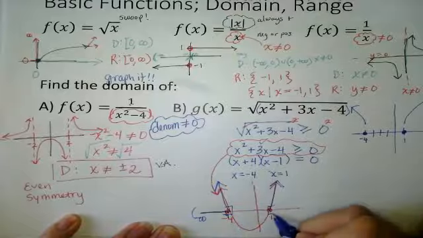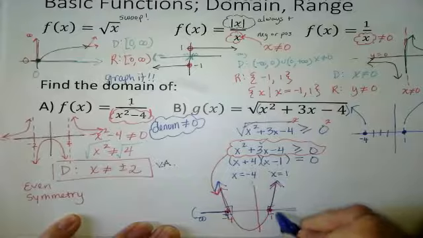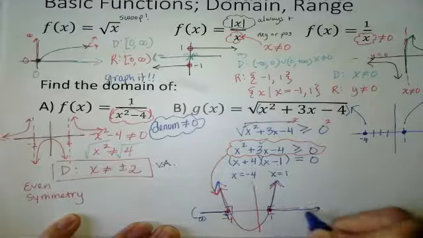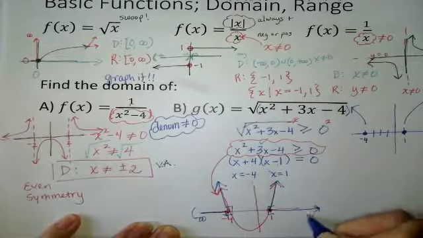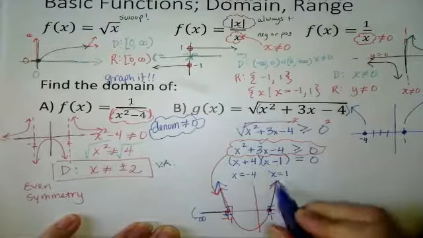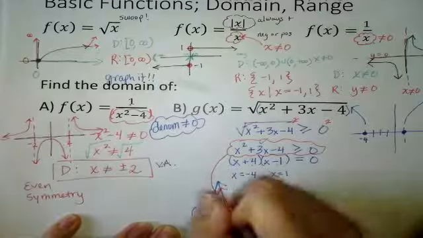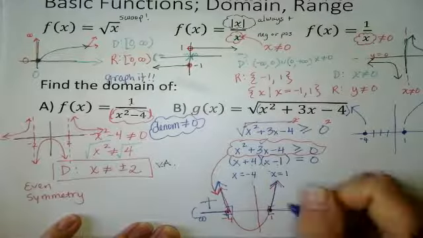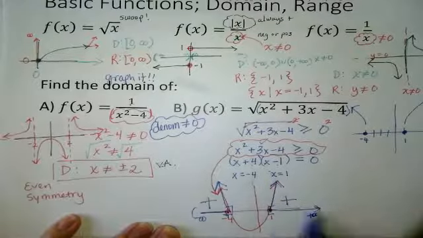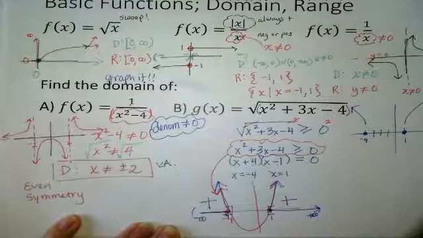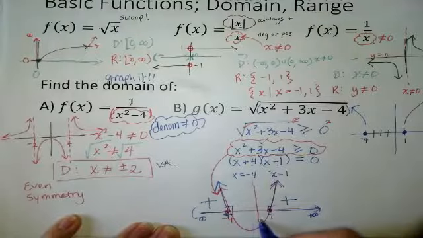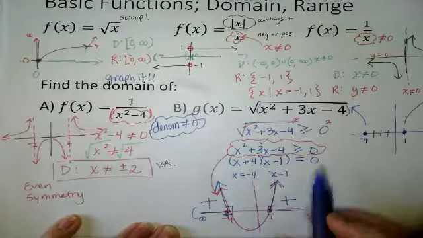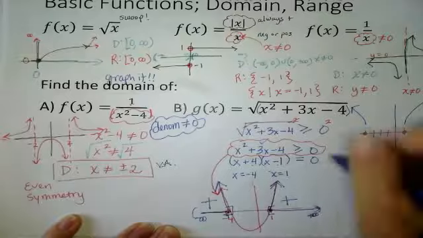And all of these values from 1 all the way to the right, to positive infinity, also have outputs greater than 0. Our graph is positive to the left of -4 and positive to the right of 1. In between -4 and 1, our graph has a negative value. It's less than 0. And we're interested in where it is positive.